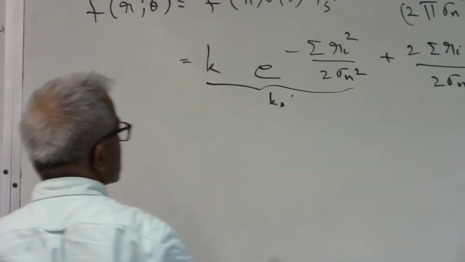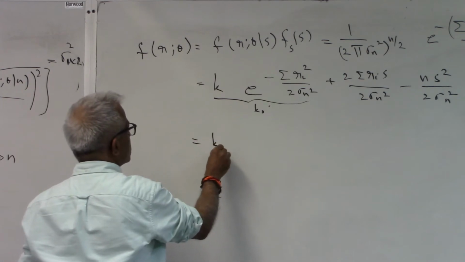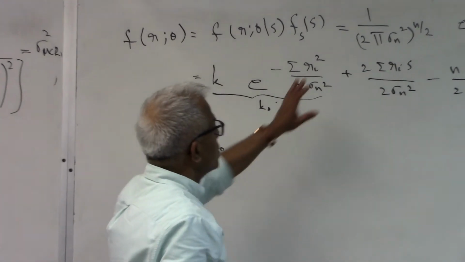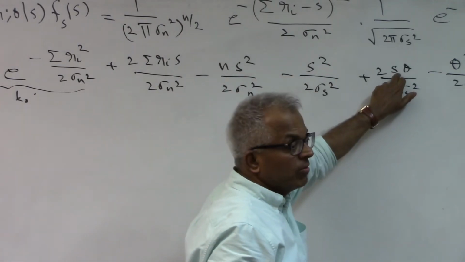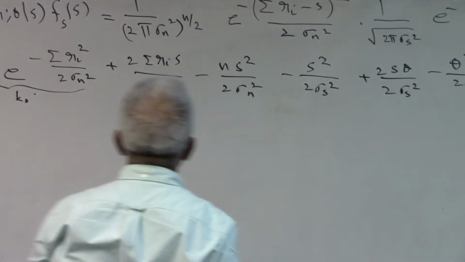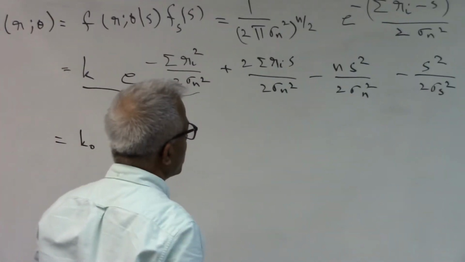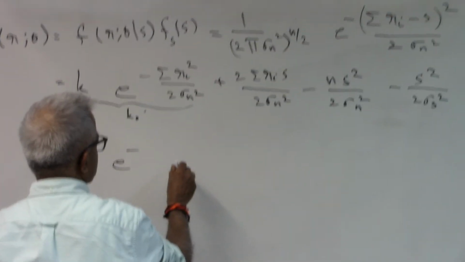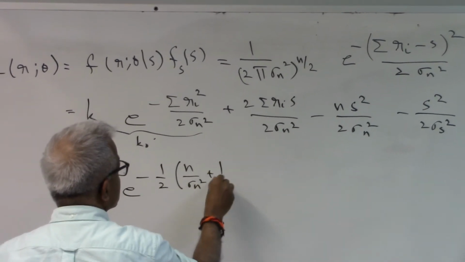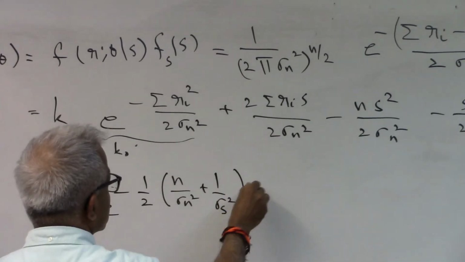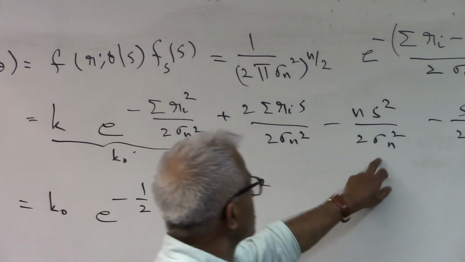That's easier to write. That's K naught. Remember, this is all in the exponent. But look at it: I have some terms involving S squared and some terms involving S. So let me put my S squared terms together. So e raised to minus S squared times these two terms that I collected.